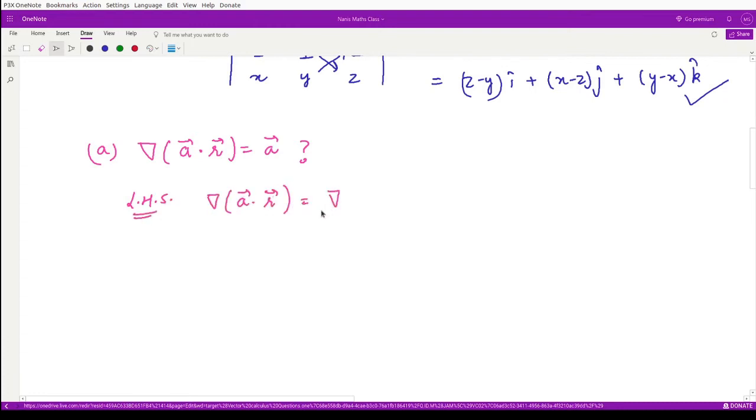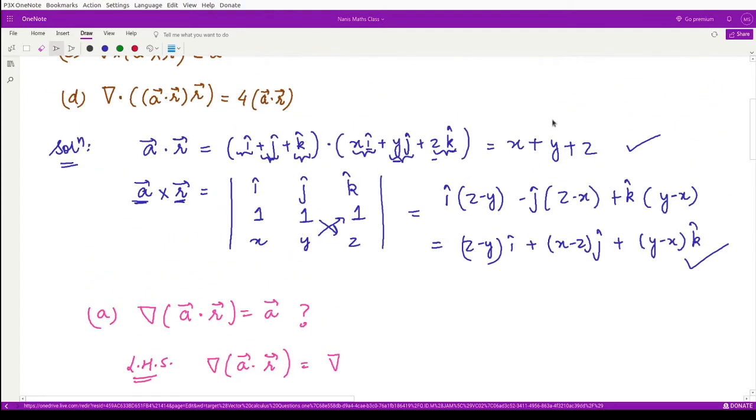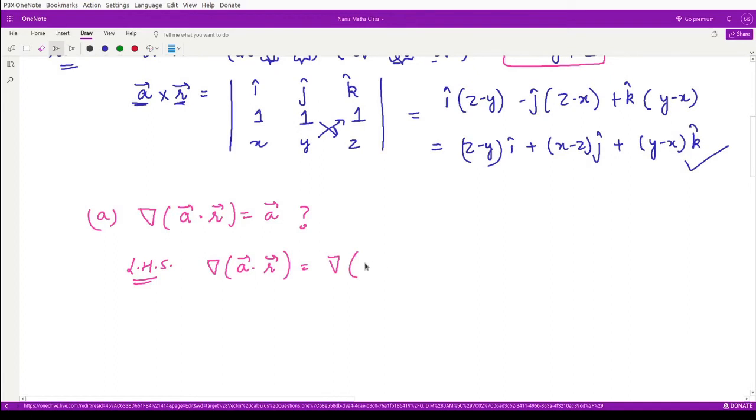So what is a vector dot r vector? We have calculated this to be x plus y plus z. So this is del of x plus y plus z. Now how do you calculate the gradient here? Del of some function means calculating the gradient. We'll write the definition for this del operator, the nabla operator: del by del x i cap plus del by del y j cap plus del by del z k cap, acting on this function x plus y plus z.